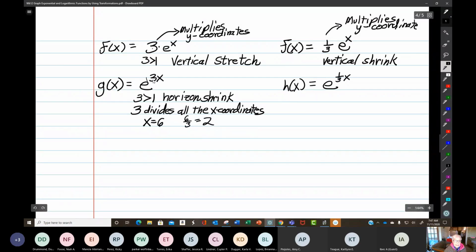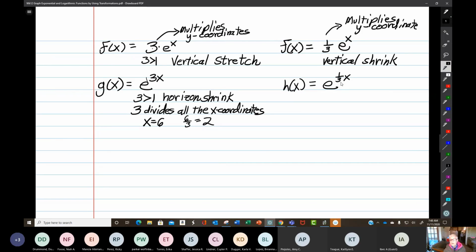When 3 gets done dealing with the 6, the x coordinate is smaller. Now it's a 2. It was a 6, now it's a 2. This is something you have to memorize.